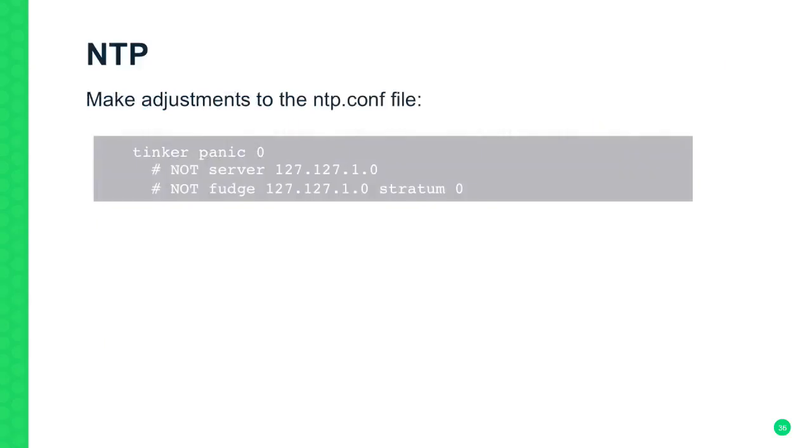Another really important topic is the NTP protocol. HANA is very sensitive about time, and the option tinker panic 0 forces the NTP daemon to control the time under all circumstances, even when the drift is really abnormal, so much more than 1000 seconds, okay? And this option must be the first in the configuration file. The other important option is that the virtualized hardware clock should not be used.